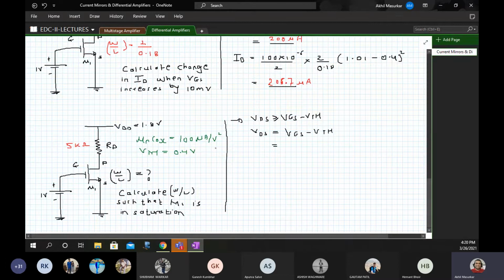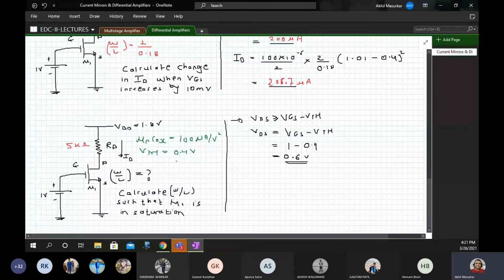VGS is given to us indirectly, that is VG minus VS, which is 1 volt, and VTH is 0.4, so that is going to be 0.6 volts.